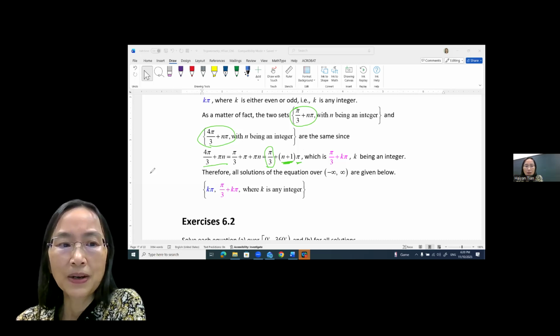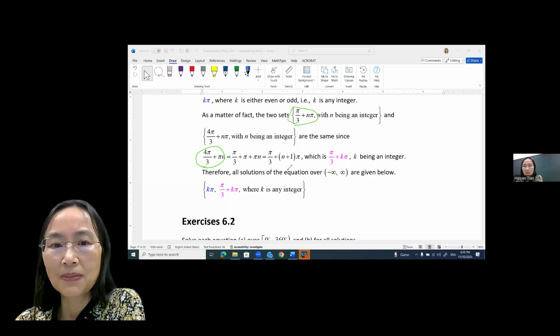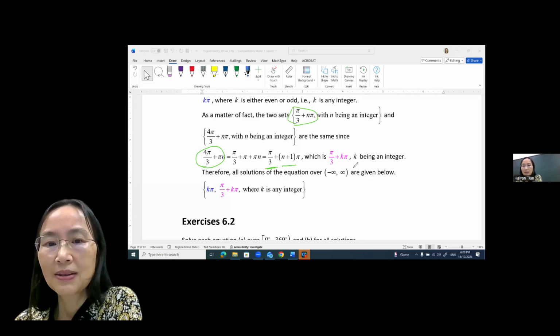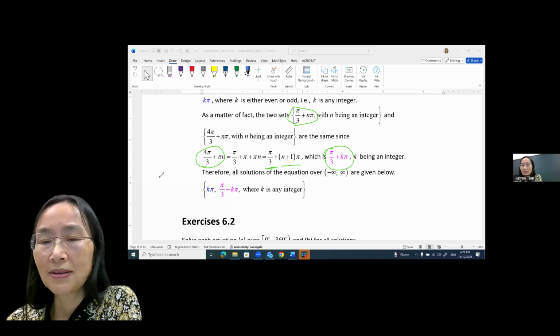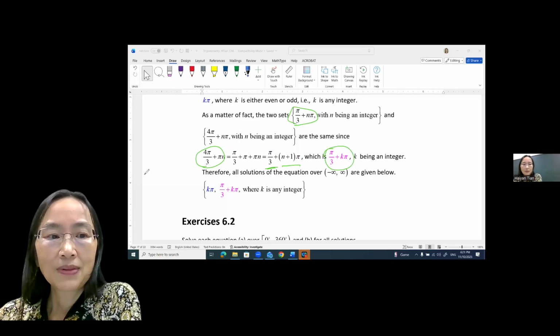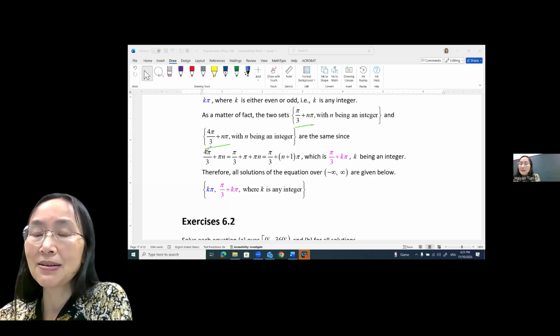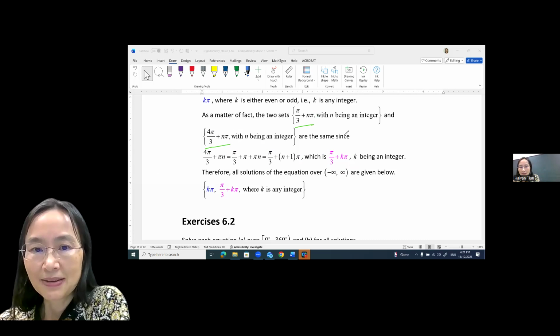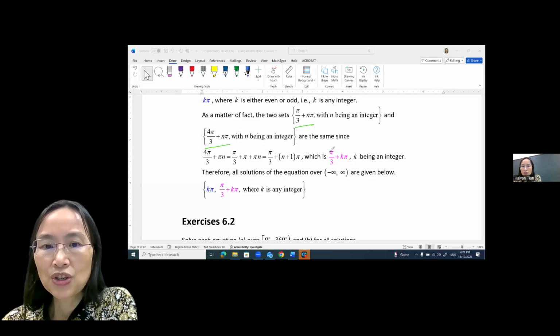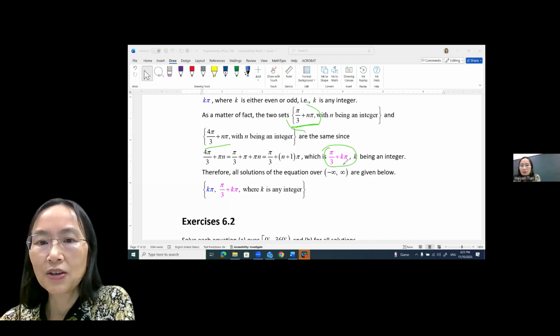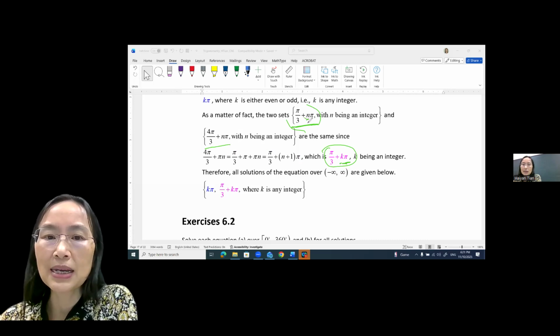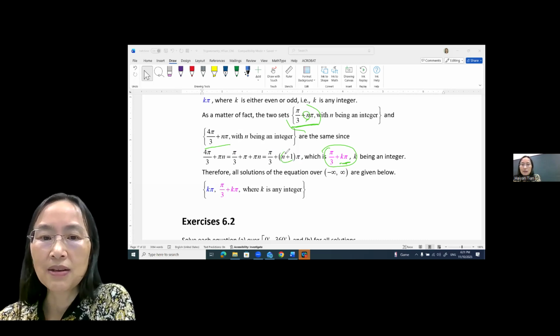So after we compare, this one is essentially the same, right? So we just write it once. You don't have to repeat the same set. Although they look different, they are essentially the same set of values. So we just write this once: pi over 3 plus an integer multiple of pi, k pi. So I just changed the name. This n or n plus 1 is just an integer.